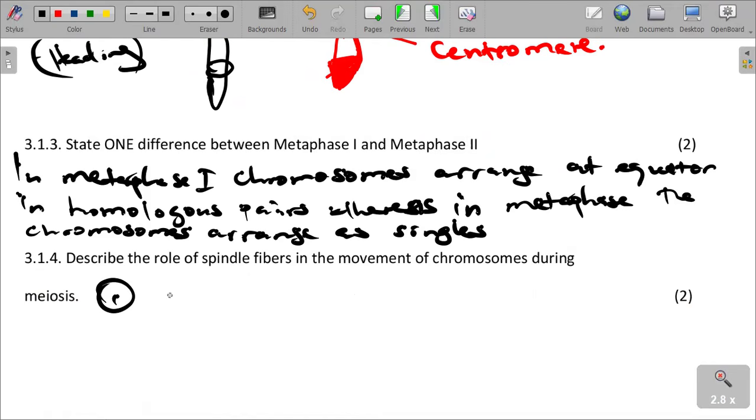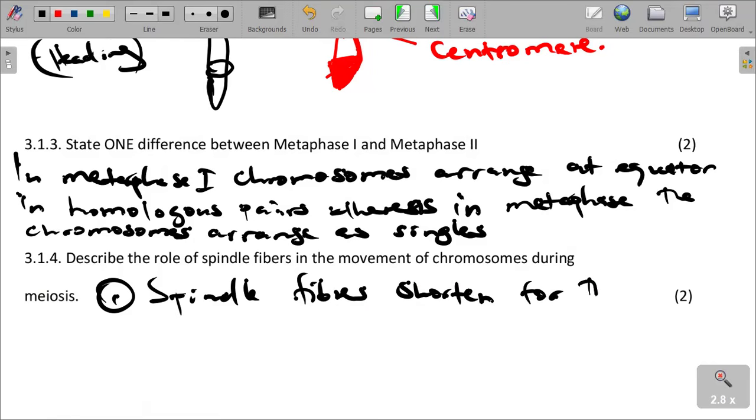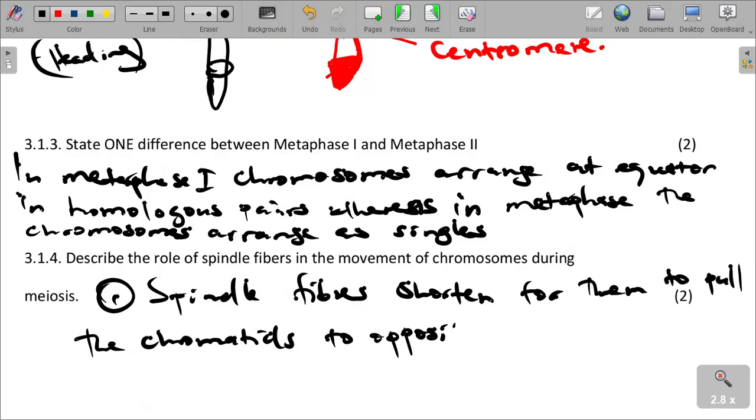What they do is the spindle fibers shorten to pull the chromosomes or chromatids to opposite poles of the cell.